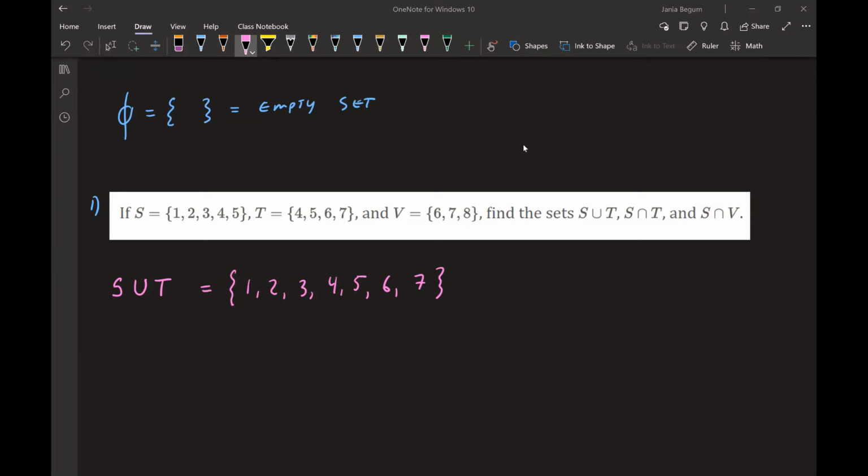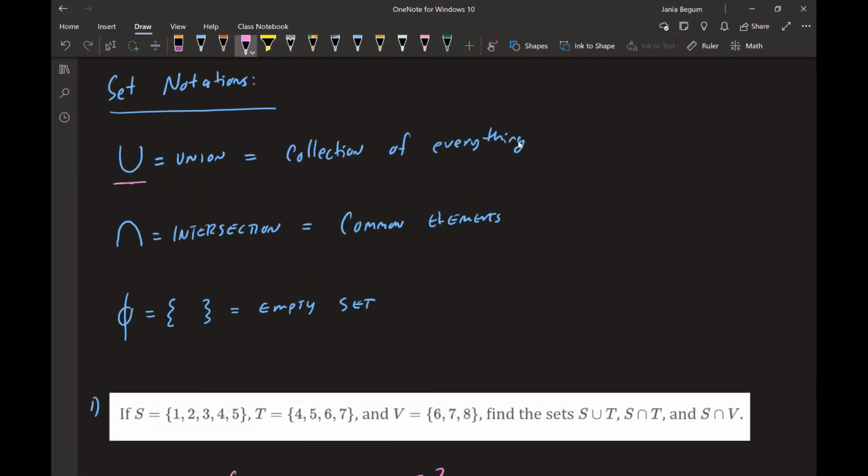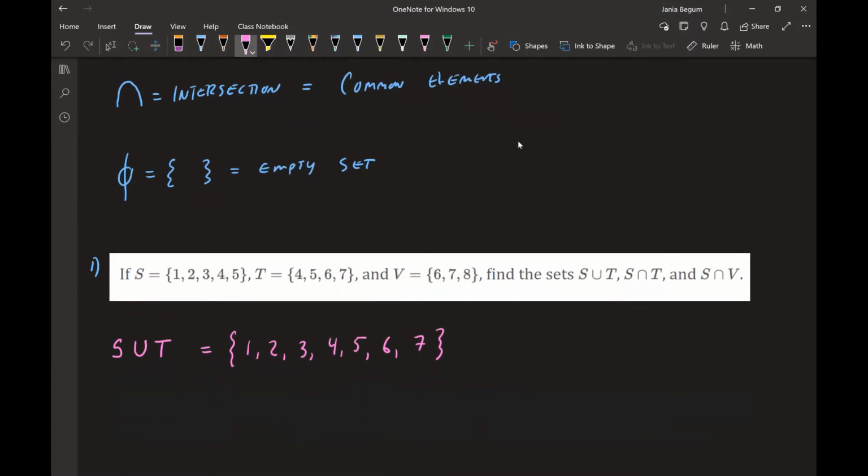Make sense? Confused. I don't understand what you just did. Sorry. So I said U means collection of everything. If you're looking at two sets, when you union them, you're including everything from the first set and everything from the second set. So we're looking at set S, which contains these elements, and then I want to union it with T, which is this set. You just put them all together and you create a new set.